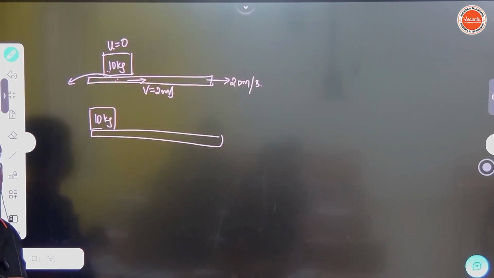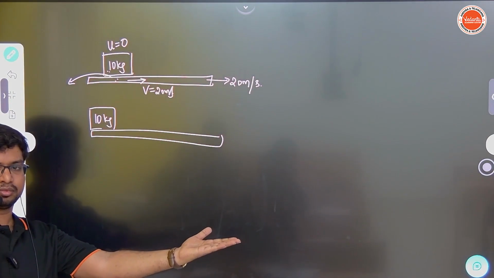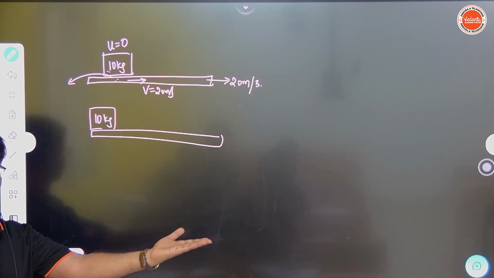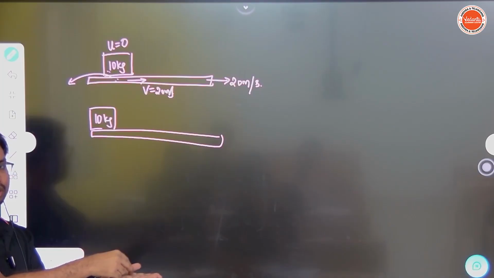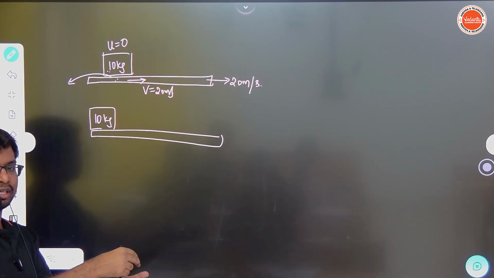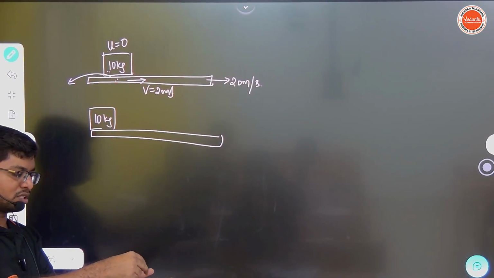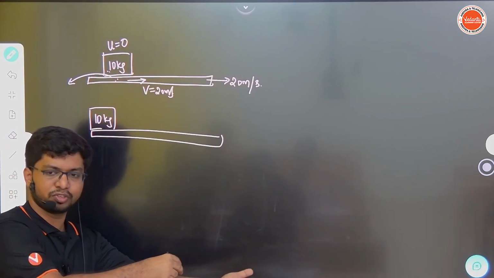Kinetic friction. Try to understand. I have a belt which is already moving with some velocity. If I place a mass over here gently, its initial velocity is 0, but still the belt is moving forward here.